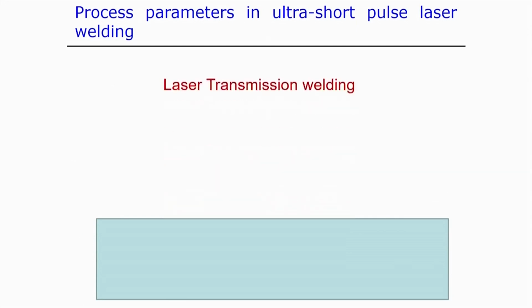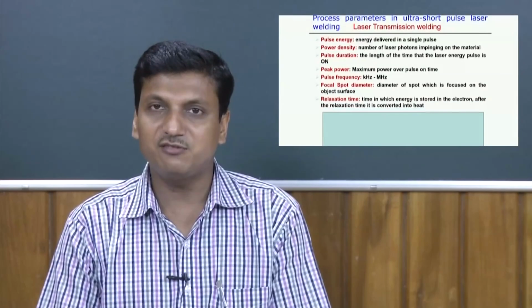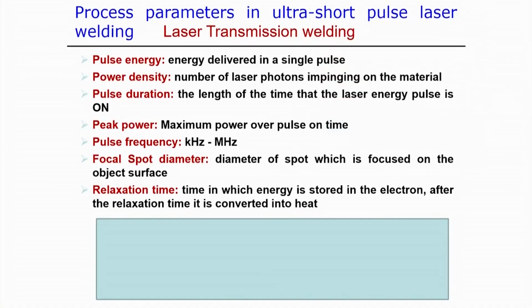Now, what are the process parameters we normally consider in the ultra short pulse laser welding process, very specifically the laser transmission welding process? Pulse energy is the energy delivered in a single pulse. Power density is the number of laser photons impinging on the material, mathematically the power divided by the cross sectional area over which it falls.